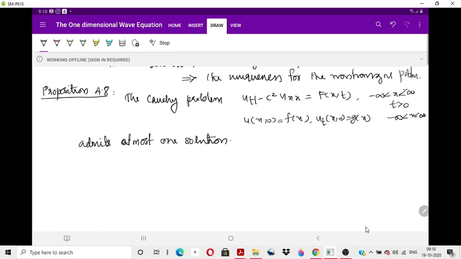So we need to prove that if the non-homogeneous Cauchy problem has a solution, then it admits at most one solution.